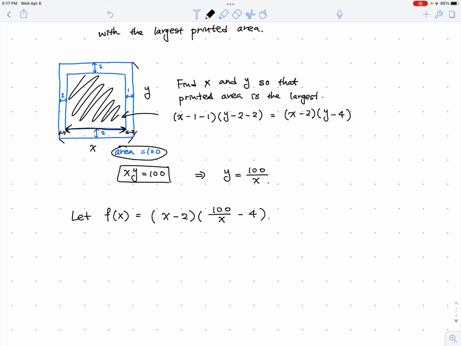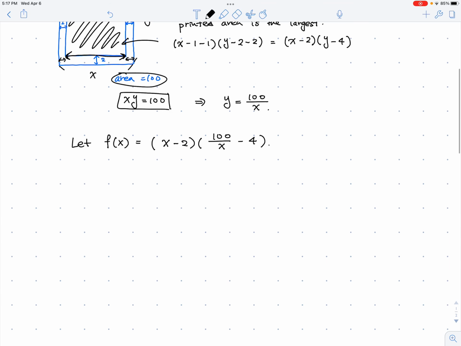And we're trying to find the x value so that f is largest. Okay, so let's write this out. So we have 100 minus 4x minus 200 over x plus 8. So that's 108 minus 4x minus 200 over x. So if you want to, you can write the fraction in terms of a power function.